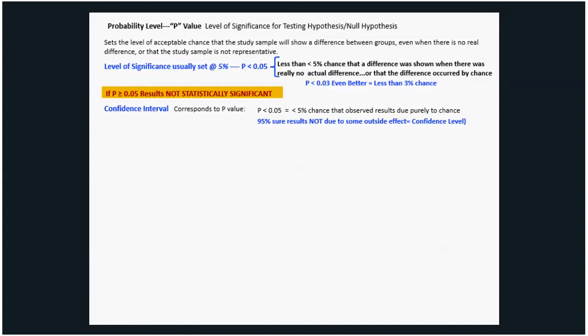If you plug your numbers in and your probability level comes out at less than 0.05, that means that there was a statistically significant difference or relationship between the two variables that you're looking at. Those variables could be incubation periods for diseases. They could be national board test scores for two different groups of individuals.